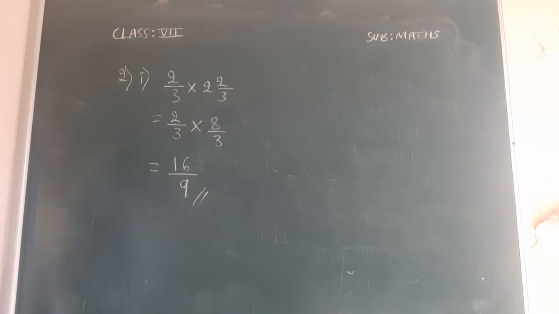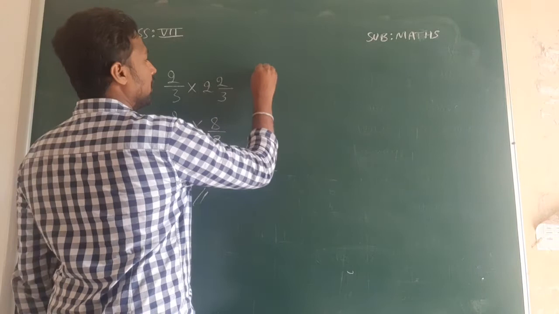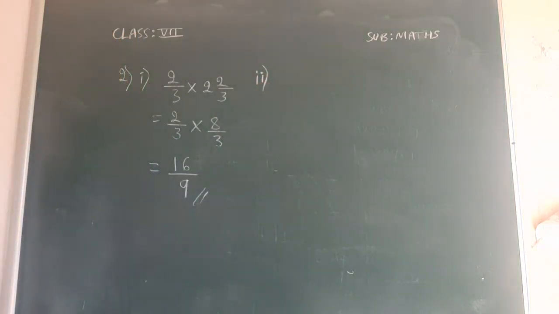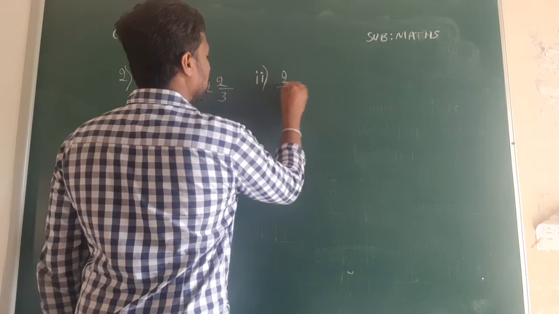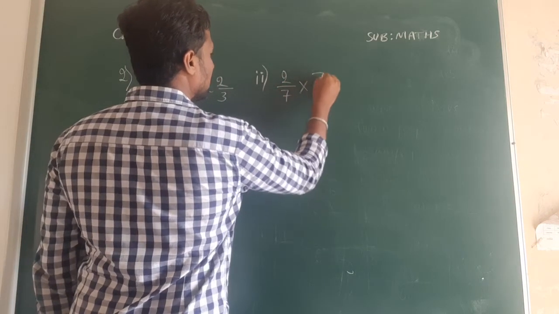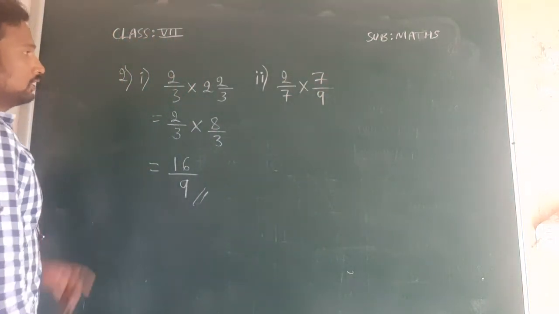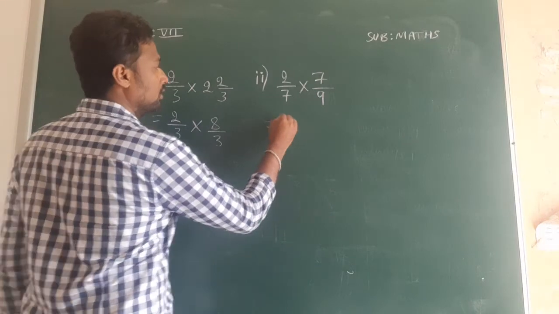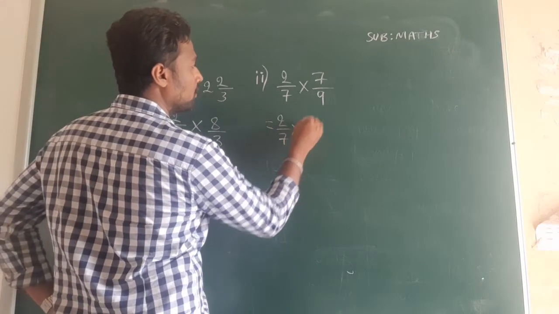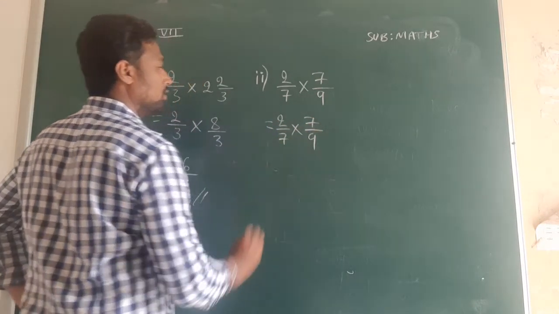Second question in this second main. In the second main question of this exercise 2.3, that is 2 by 7 into 7 by 9. How to solve this: I will write it as it is, 2 by 7 into 7 by 9.